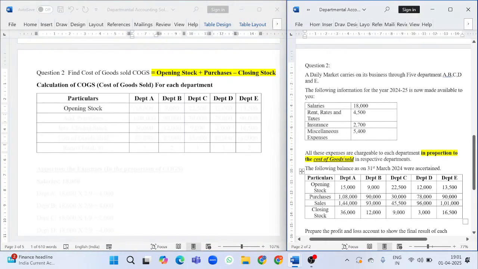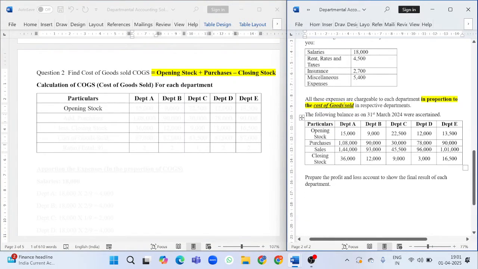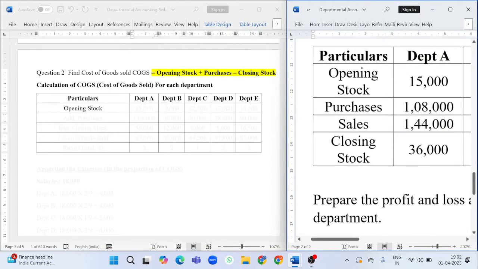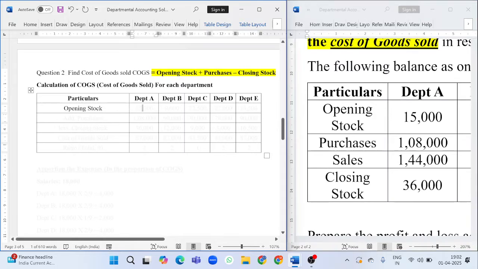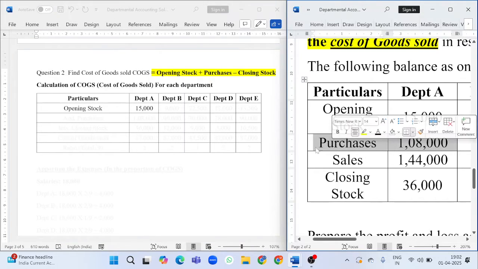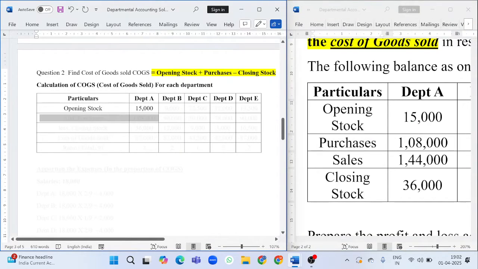So what is the opening stock of department A? See the question here. Let me maximize the screen. Yes. Opening stock is 15,000 rupees. To the opening stock, what you need to add? You need to add purchases. How much are the purchases? Purchases are 1,08,000, so I am adding purchases of 1,08,000 rupees.